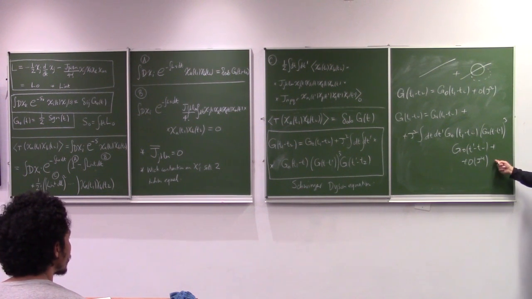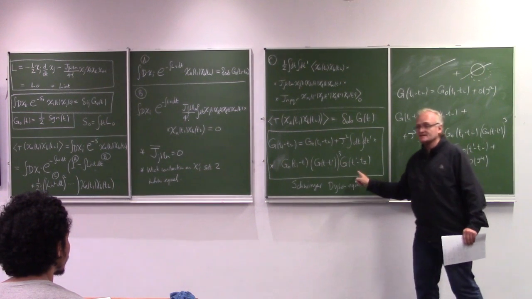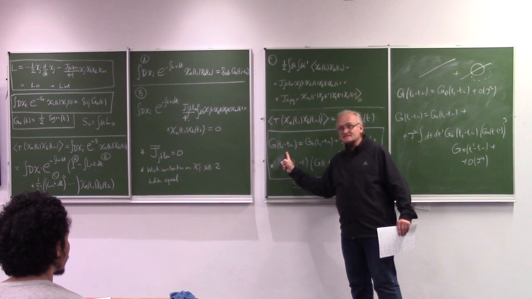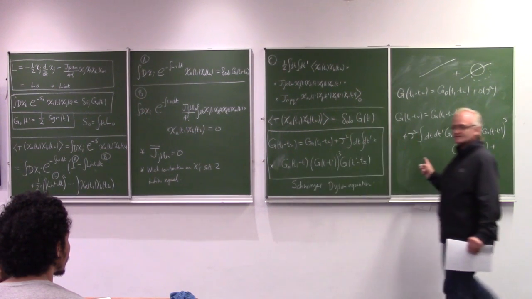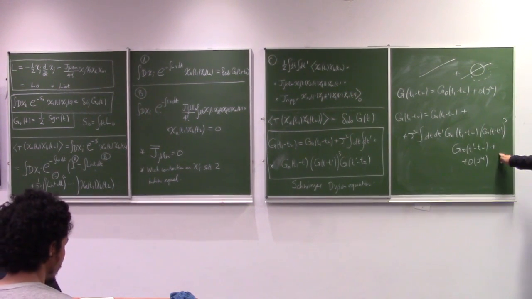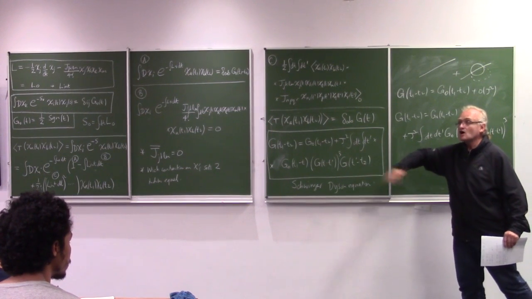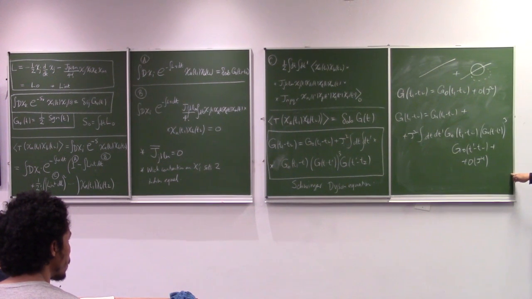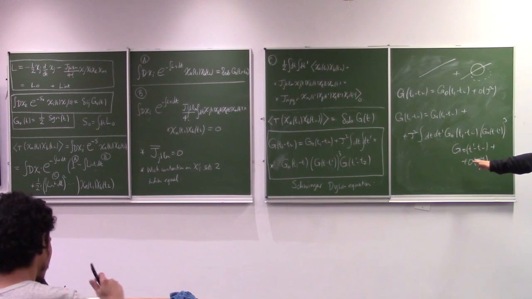Now that I've got this right to order j to the 4, what can I do? I can plug it in again. And if I plug it in, I'll get a G that's correct to order j to the 6. And I can see what I get. The terms that I get by plugging this back into that equation are precisely the Feynman diagrams that we drew at second order. Once I've got it correct to order j to the 6, I can plug it back in again and get it correct to order j to the 8.